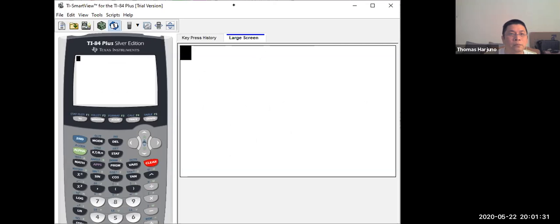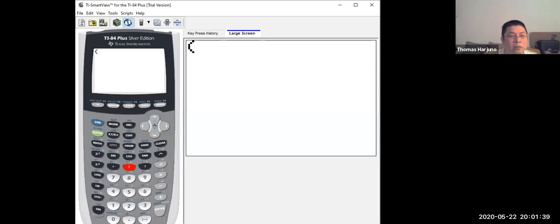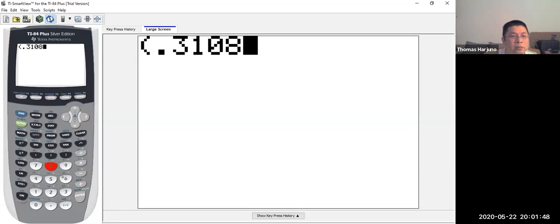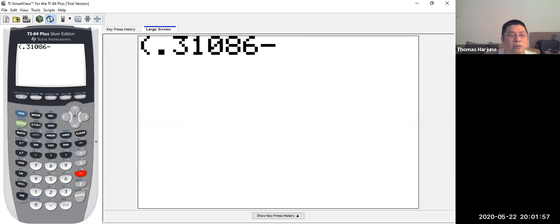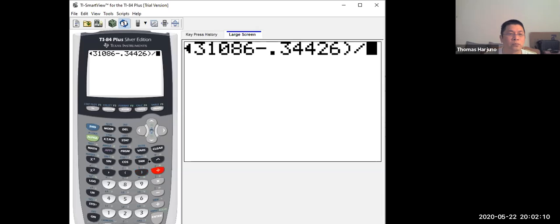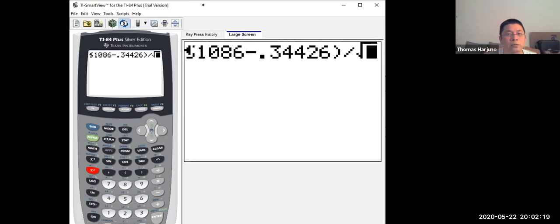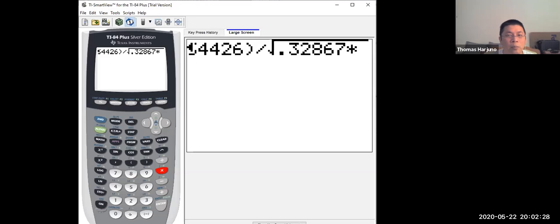Compute parentheses 0.31086 minus 0.34426 close parentheses divided by the square root of, this one is long, 0.32867 times 0.67133 divided by 1068 plus.